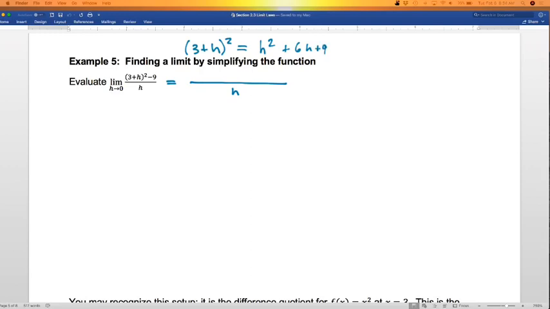Some of us on our test are still writing 9 plus h squared. Don't forget that you have to multiply this out as 3 plus h times 3 plus h.